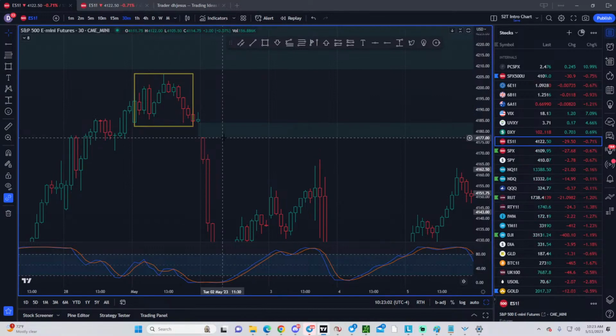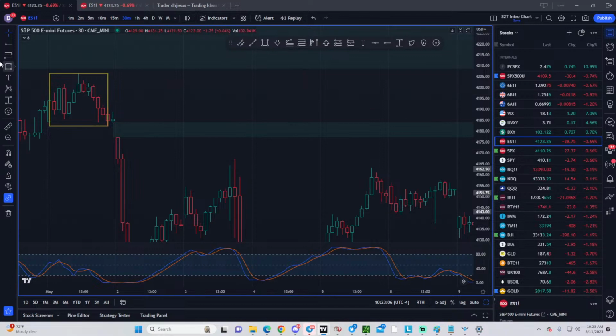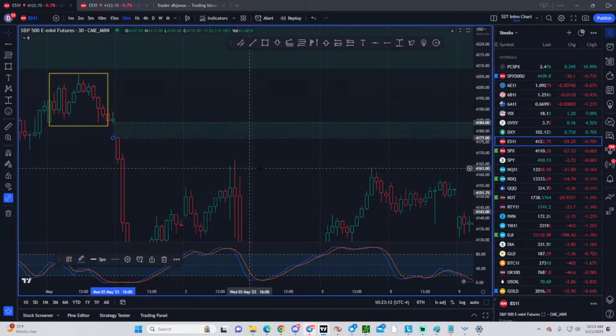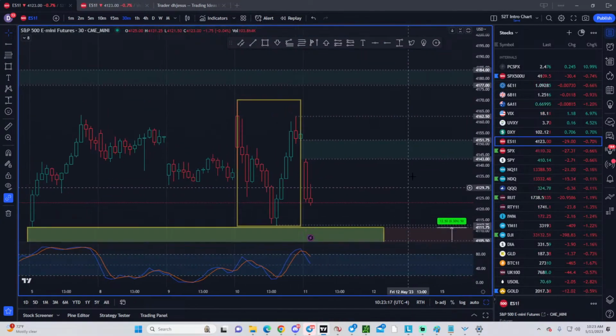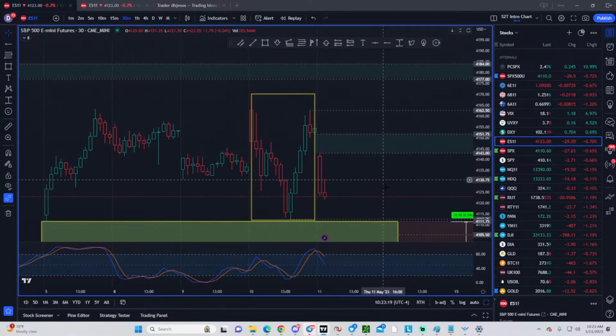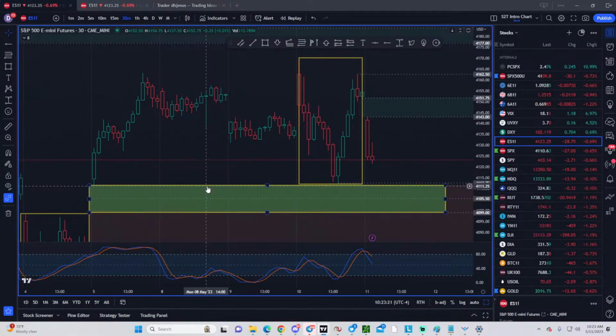Price opened here, so that is a gap. And you get the points here. This one I don't really need to write the midpoint because it's so small. But we have a gap above it.